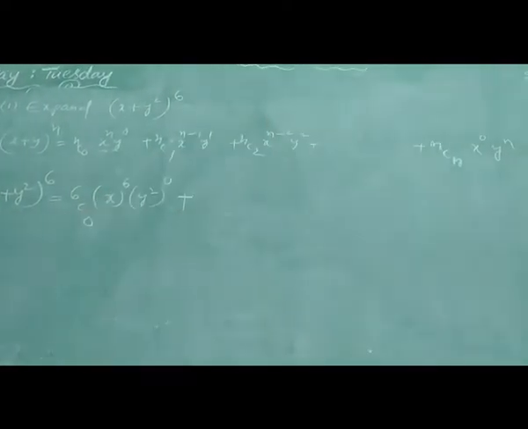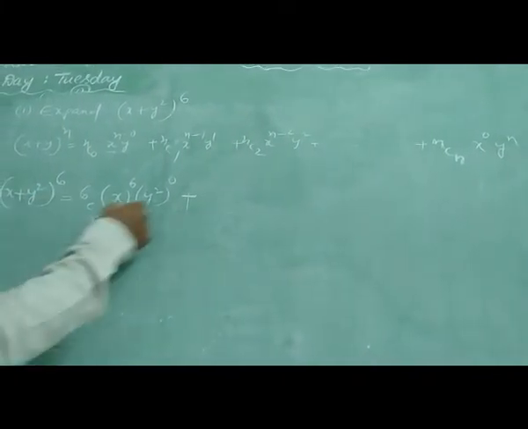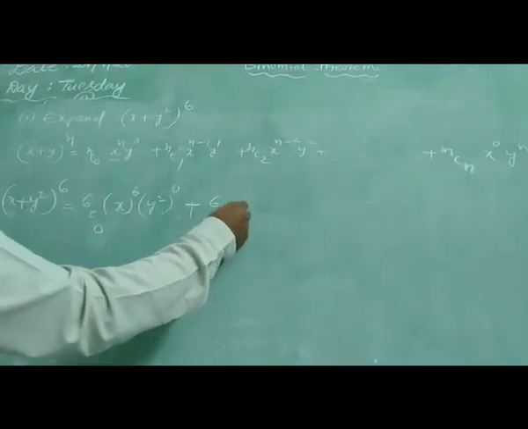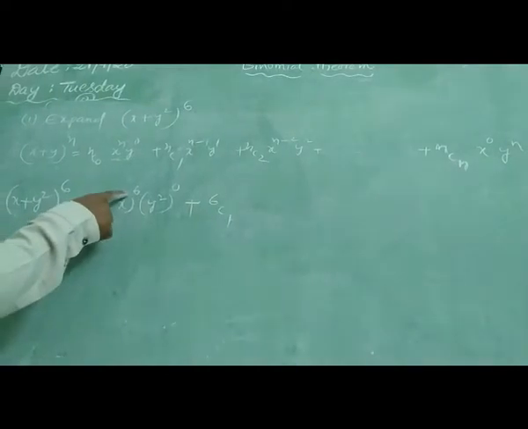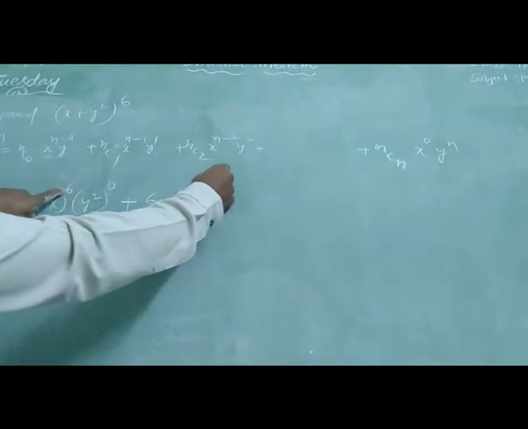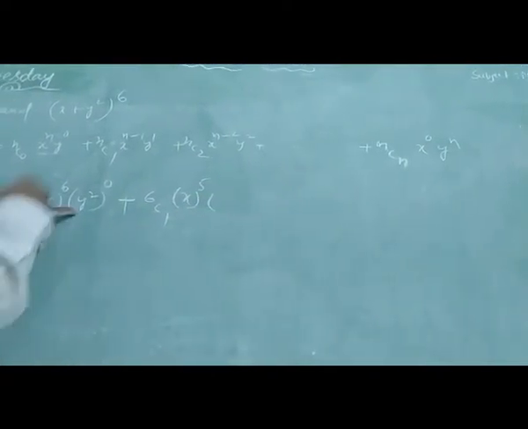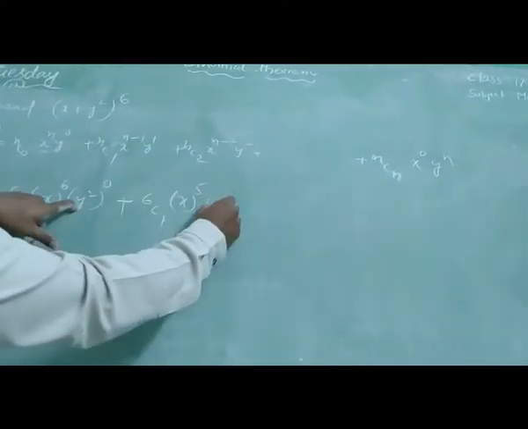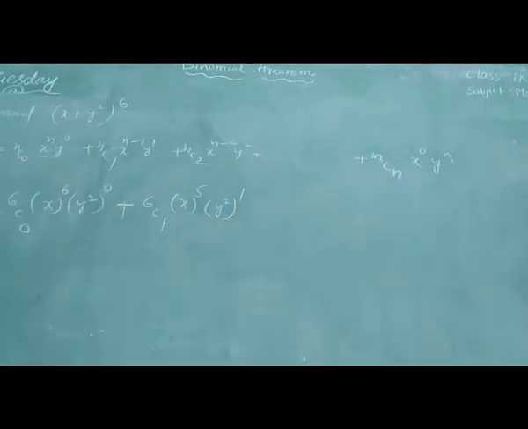The remaining terms we can follow like this. Next one, 6C1 comes. The exponent of x consecutively decreases, that means the next one is x to the power of 5. And the exponent of y term consecutively increases, so the next one is (y square) to the power of 1.